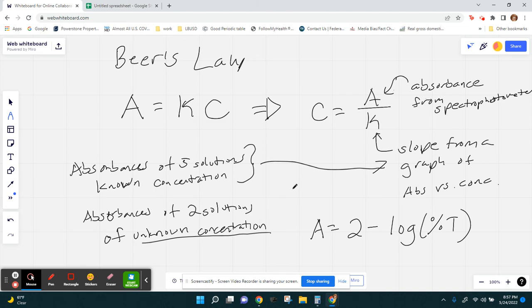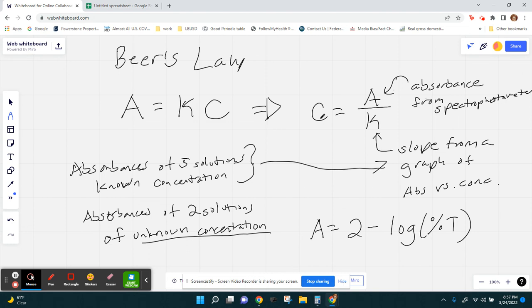This is how they do all the blood tests at the doctor's office or at the hospital. They make a standard curve they use every day. Then when they take your blood, they check for things like glucose or triglycerides or cholesterol, and they get the absorbance of that substance, and then divide by the k for that substance, and it gives them the concentration.